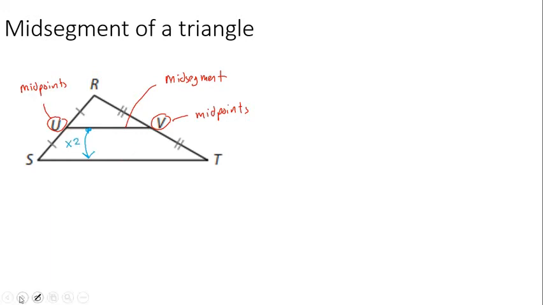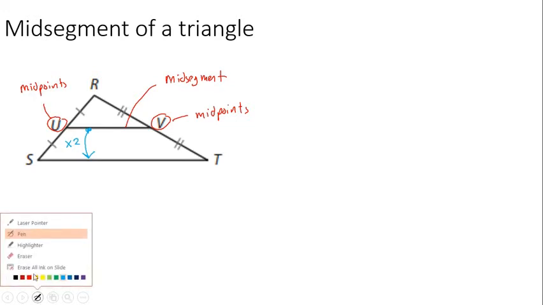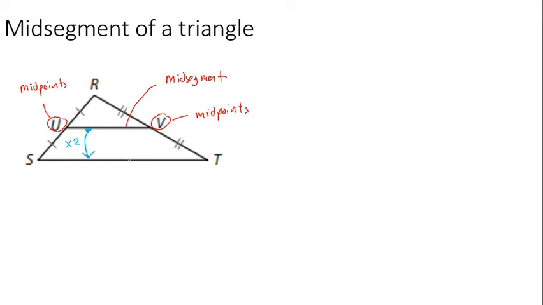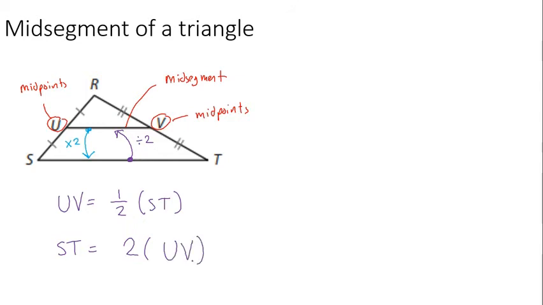And if I go the opposite direction, if I go from here, I divide by 2. So I'm going to say here that UV is equal to half of ST. I'll also say ST is equal to 2 times UV.